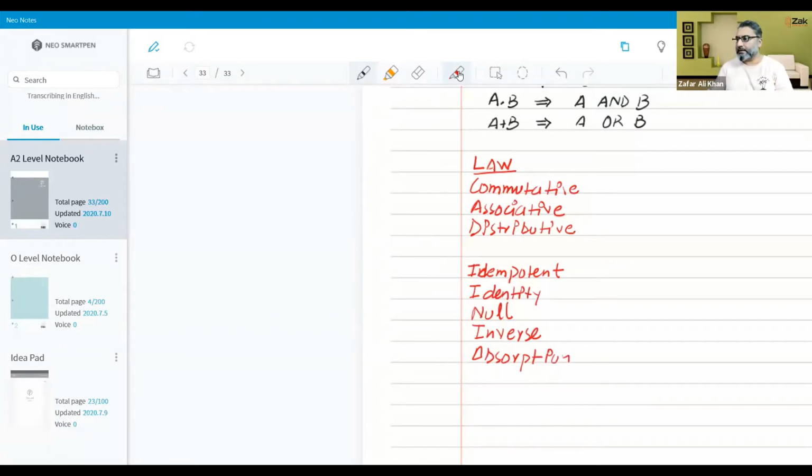And then the last one that we have is De Morgan's law. This is actually very important to remember.